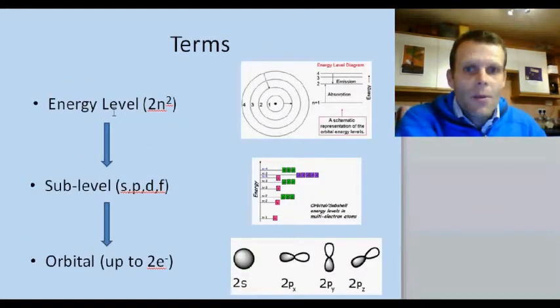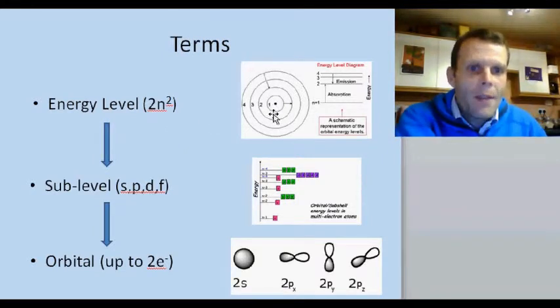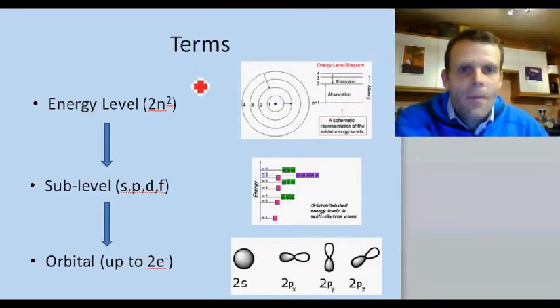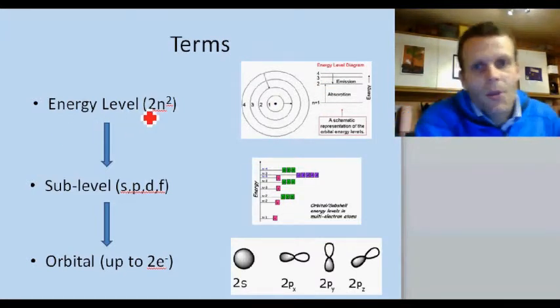So, let's look at these terms. First term we saw there was energy level. So this is our principal quantum number, the n if you like. And we saw it in the hydrogen spectrum. There we go, n equals 1, n equals 2, n equals 3, n equals 4. So these are the energy levels.